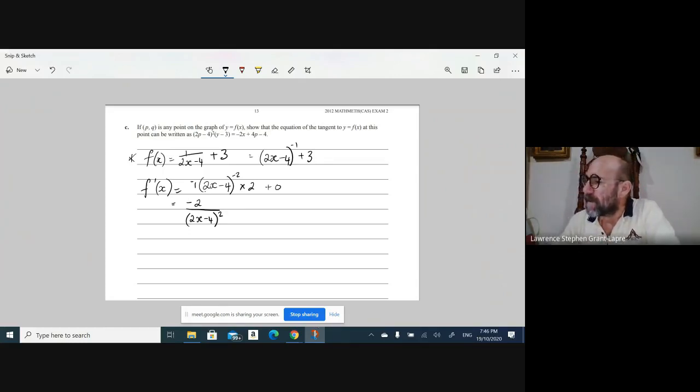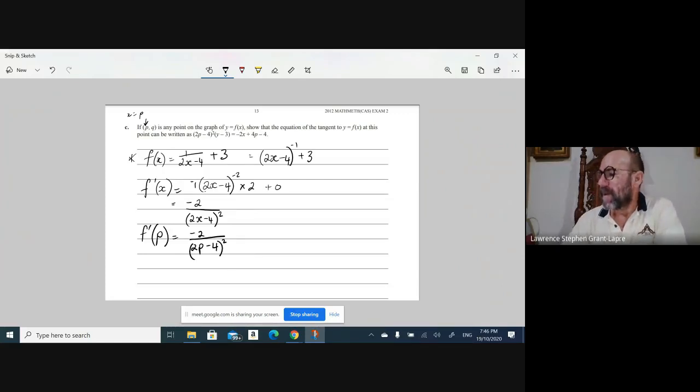Now there is a function, and the tangent to that curve at PQ. So when x equals P, the gradient at that value will be negative 2 over 2P minus 4 squared. That's the gradient. Now, the equation of a tangent is y minus y1 equals m times x minus x1.